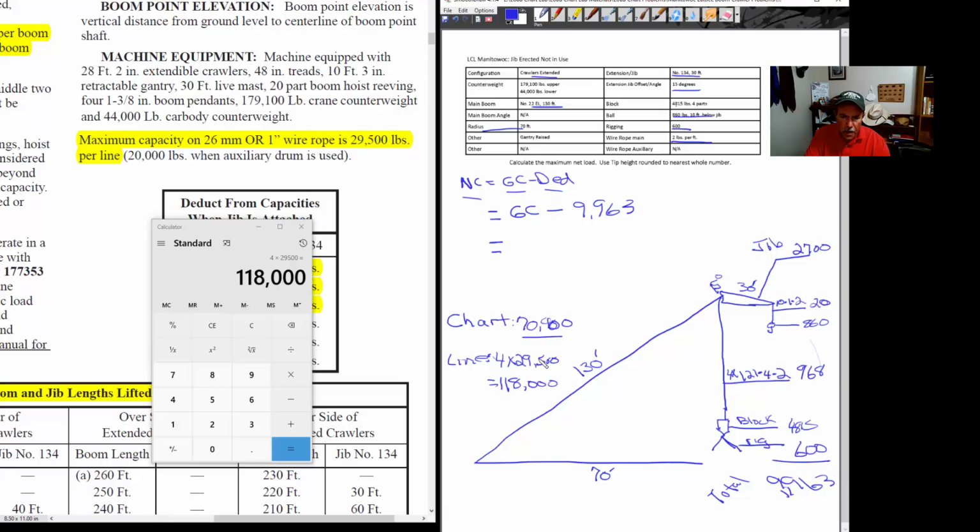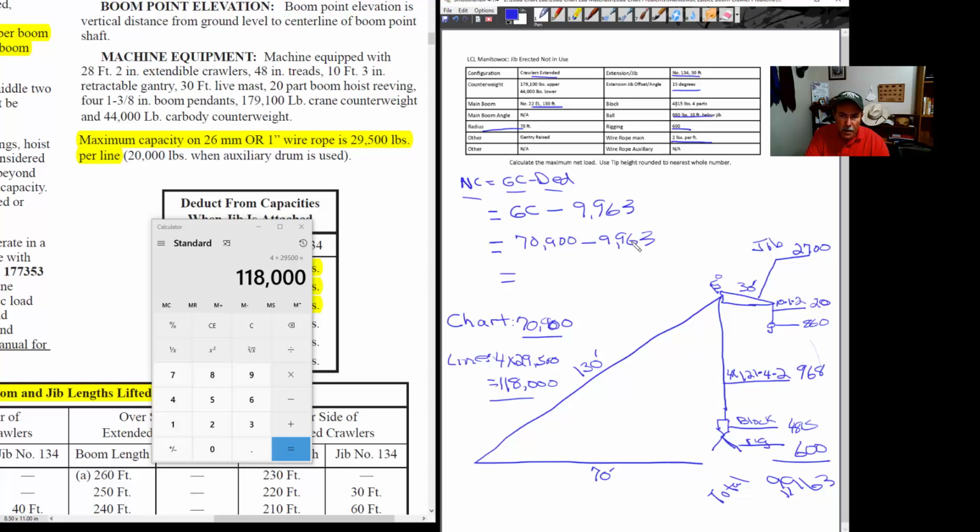So we have chart capacity and line capacity. Gross capacity is the lesser of these two. The lesser of these two is chart capacity, 70,900.